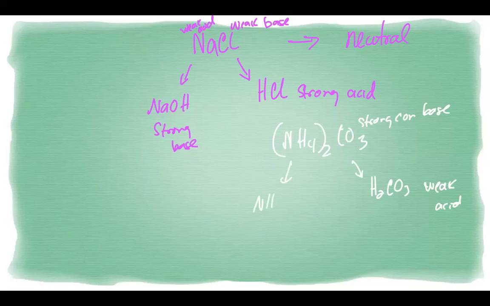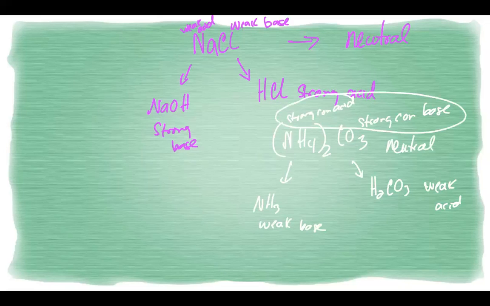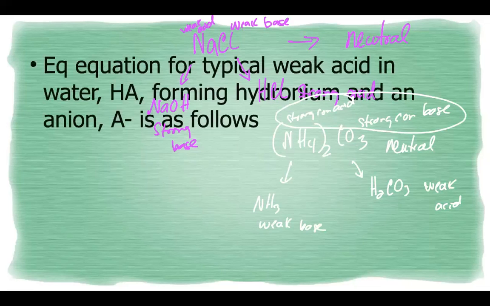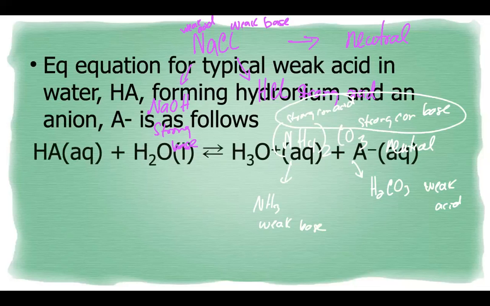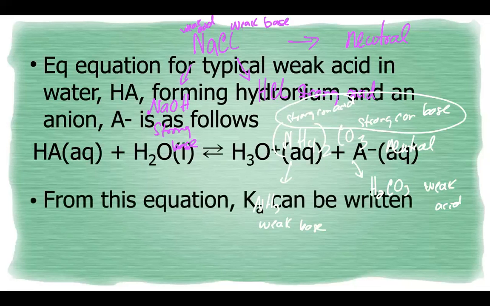Ammonium comes from ammonia, which is a weak base, which means NH4 is a strong conjugate acid. So here we have a strong conjugate acid with a strong conjugate base. That solution will also be neutral.